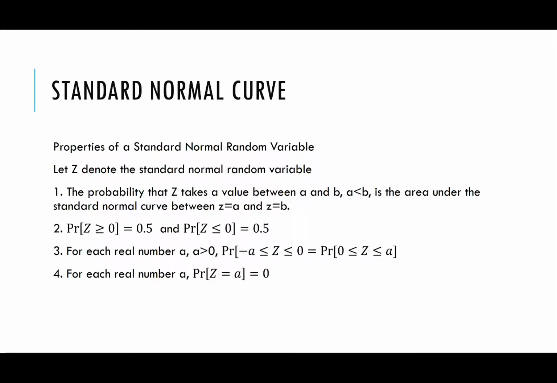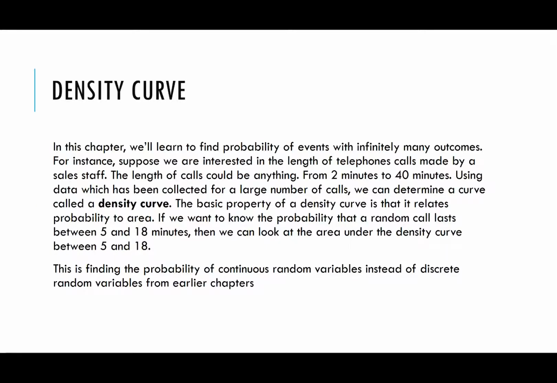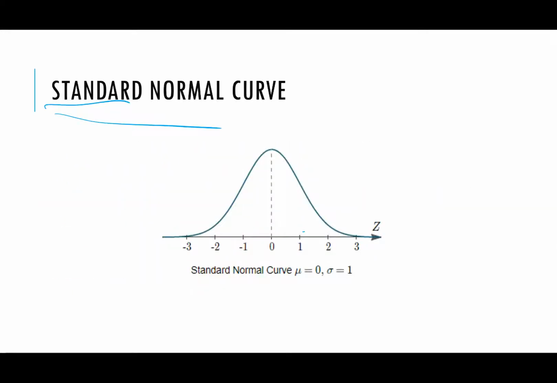So there are these rules for this curve, and I'll explain them. Rule number 1: the probability of z taking a value between a and b, with a less than b, is the area under the curve from a to b. Let's say a was negative 1.5 and b was positive 1.5.